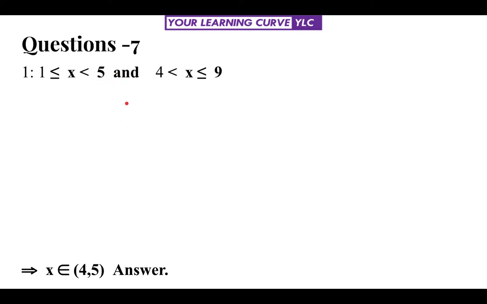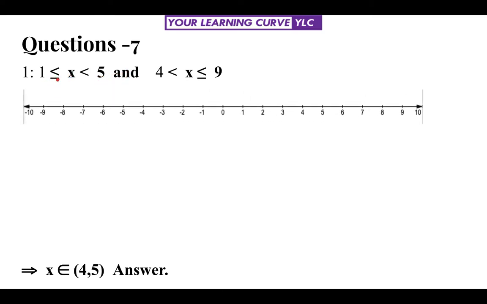Here the first inequality says that x is greater than or equal to 1 but less than 5, and the second says x is greater than 4 but less than or equal to 9. When we plot the first inequality on the number line, we get the interval 1 to 5, 1 included, 5 excluded.